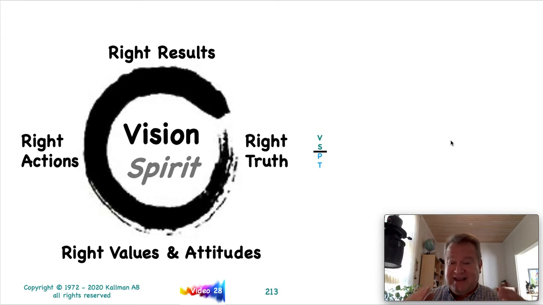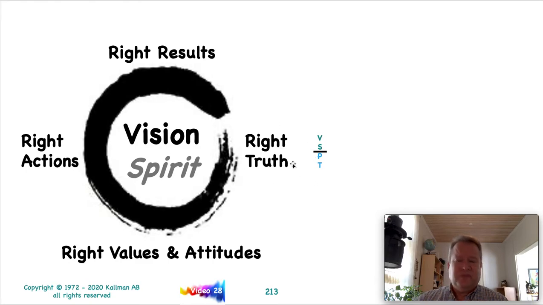Everybody claims that they have right truth. Everybody. And so it doesn't matter if you're an atheistic scientist on one end, an agnostic in the middle, or you happen to be a member of some religious organization at the other end. Everybody is declaring that they have the right truth.